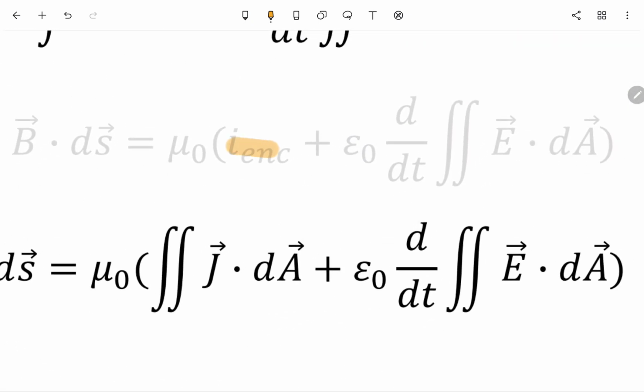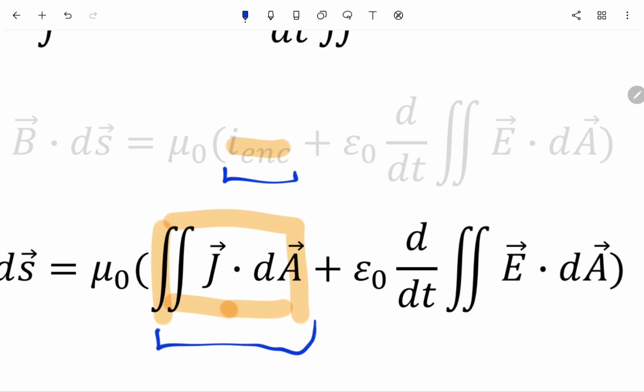Then for the second one, we also try to rewrite this I enclosed into this surface integral. Actually we already learned it before in chapter 26. The current is the surface integral of the current density.